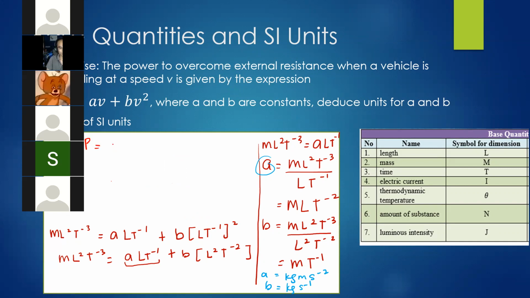P is power. Power is work over time. This is a very basic equation. Work is force times displacement over time. Now we want to get into the detail of F. F equals M A, S over T. Now we convert everything into dimension.